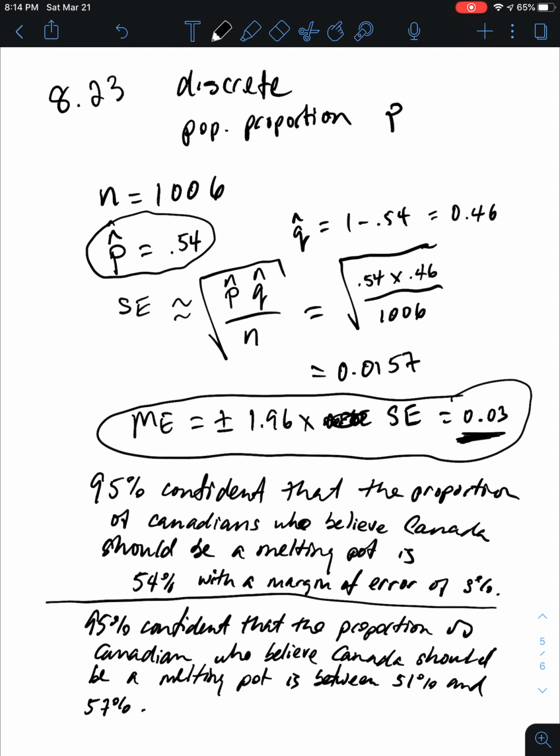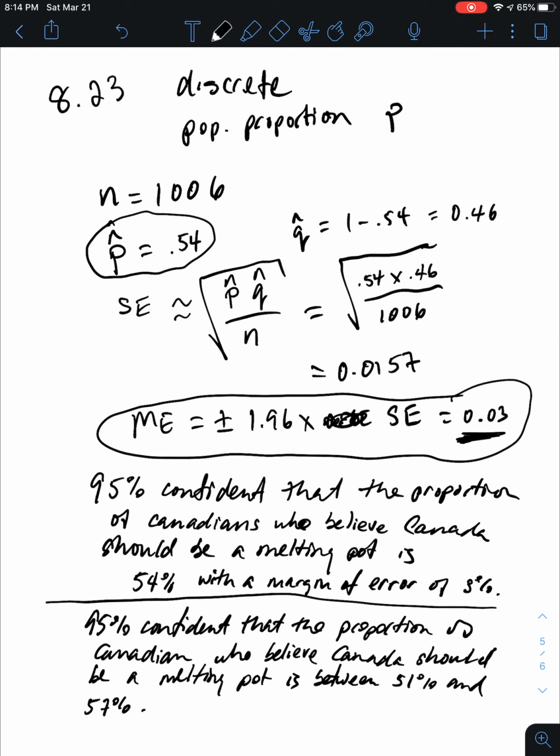So either way, the latter is less technical sounding, but maybe it involves a little more calculation, so either way is fine.